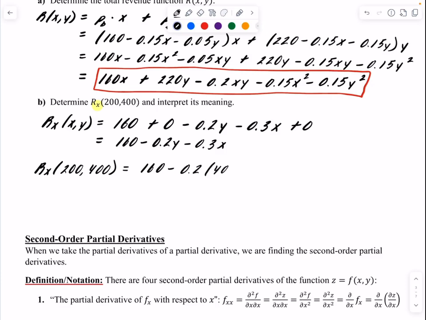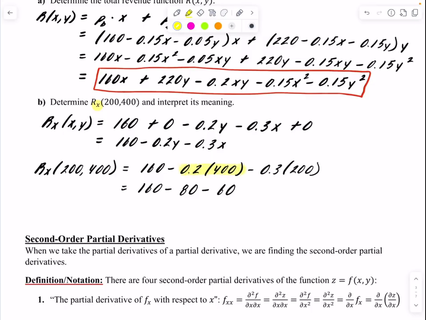Y is 400. X is 200. So this will give me 160 minus 80 minus 60. Now I will show how I ended up getting this.